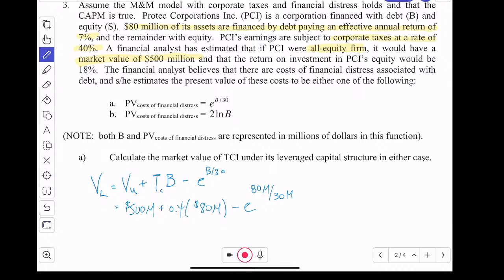Okay. So what do you get? What is the value of the levered firm? So the M, because the M is everywhere, we just ignore it.